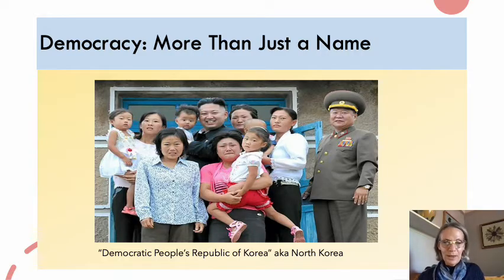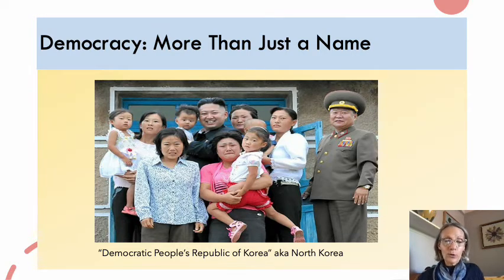So I like to start the lecture on democracy with this picture. And in the center of that picture might be an individual that you are familiar with. That is the leader of North Korea, Kim Jong-un, also just known as the Supreme Leader. And I like to show this picture because the country, North Korea, its official name is the Democratic People's Republic of Korea, okay?